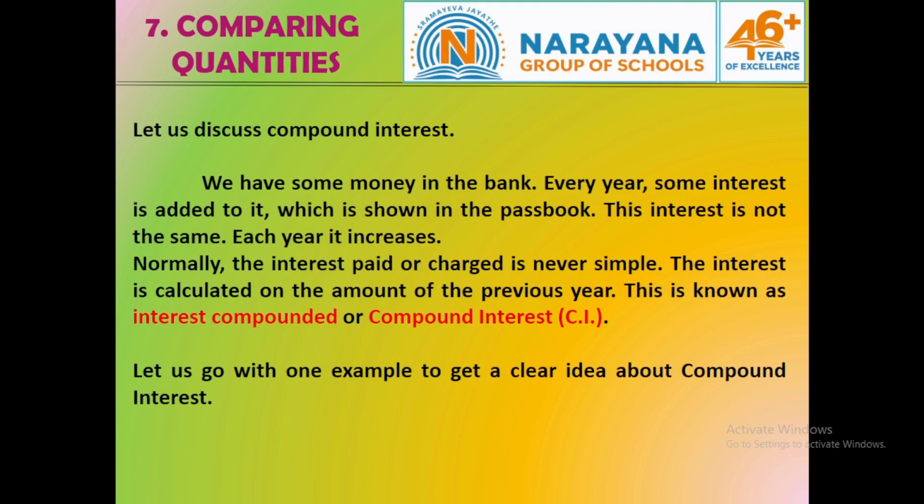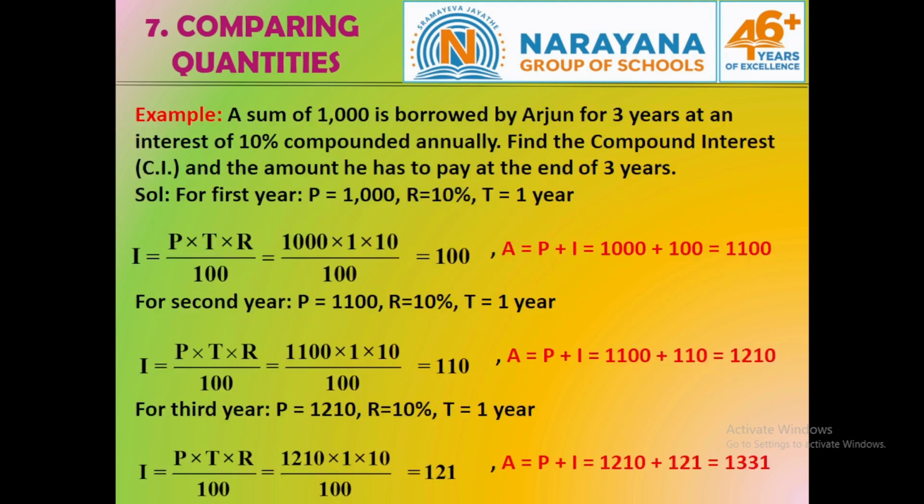So let us go with one example to get a clear idea about compound interest. Suppose, see the example, a sum of 1000 rupees is borrowed by Arjun for 3 years at an interest of 10% compounded annually. Find the compound interest and the amount he has to pay at the end of 3 years.